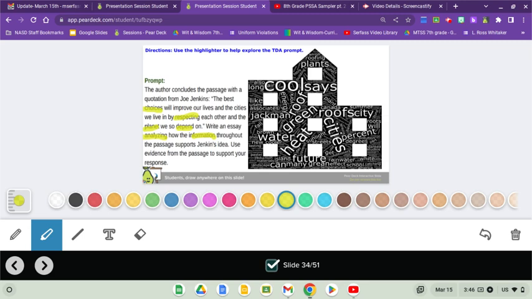Jenkins' idea about choosing to improve our cities and respect each other and our planet, right? Part of respecting the planet seems to me to be these green roofs that they keep repeating, or these cool roofs that they repeat throughout it, right? The problem is we're overheating our planet and we need to find a way to cool it down. And our cities are these little islands of heat, and we've got to find a way to solve those.